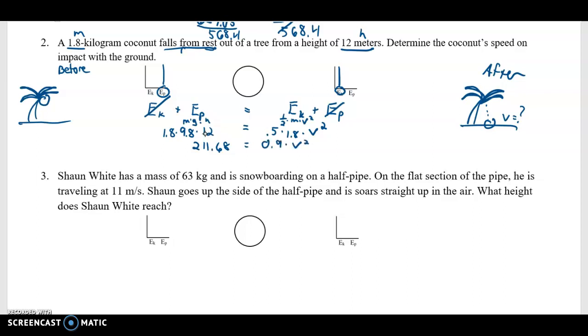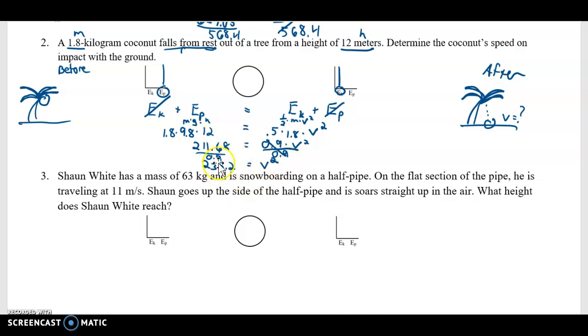But it's times v squared. My job is to get v squared by itself. First thing I need to do, divide each side by 0.9. 0.9s go away on this side. If I do this, I get 235.2 is equal to v, but don't forget the square.